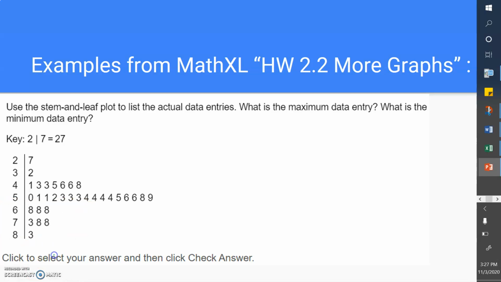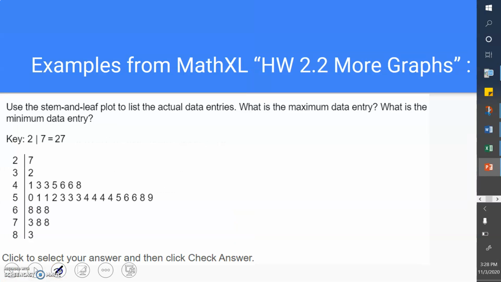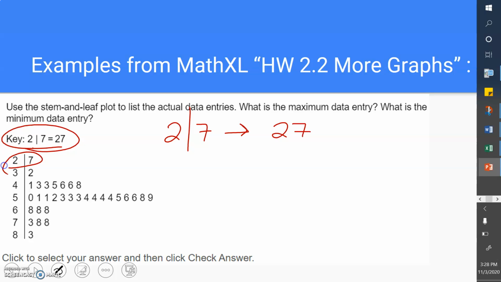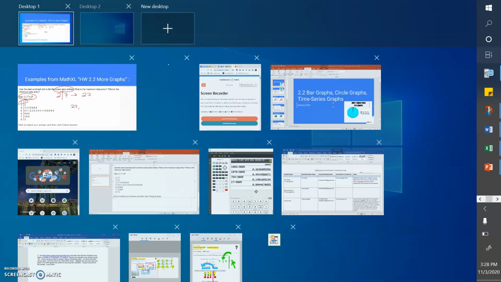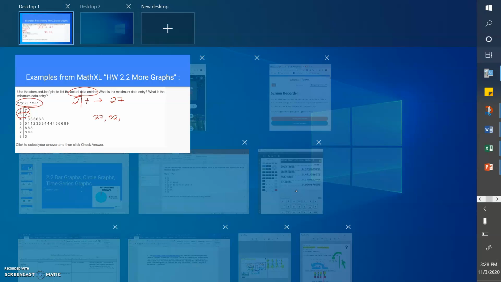So this key right here tells me that if I see 2 with a line 7, that means I'm talking about the number 27. So here, the actual data entries, we've got 27, and then we've got 32, and then we've got 41.